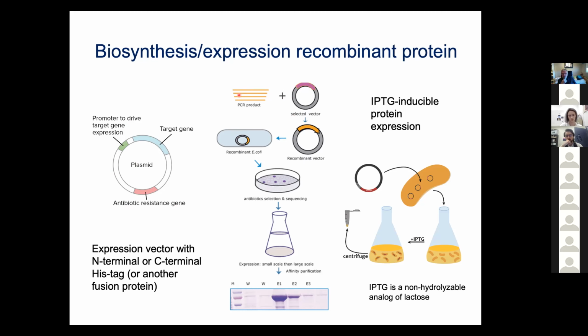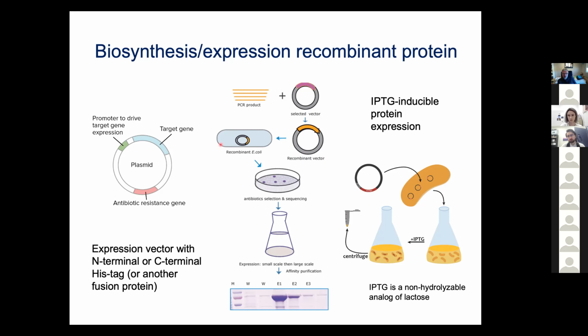These days, we actually just order synthetic genes. So we give an amino acid sequence, have the codons optimized for expression in E. coli, and 3 weeks later in the mail, we get a complete synthetic gene for the protein that we want to express. And then we ligate that into this expression plasmid.